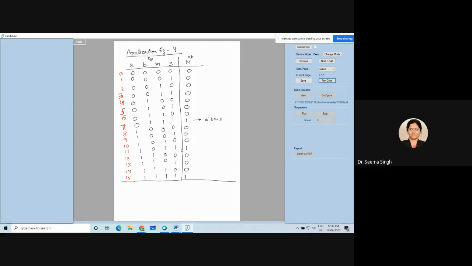What do you get for this one? This is A, B bar, M, S, right? So this one is giving me A, B bar, M, S. What is this last one giving me?